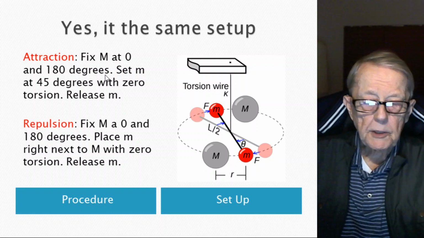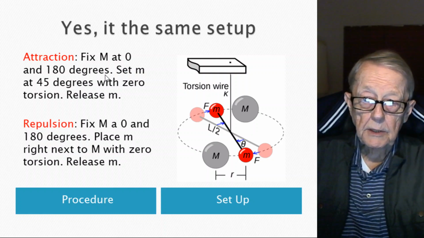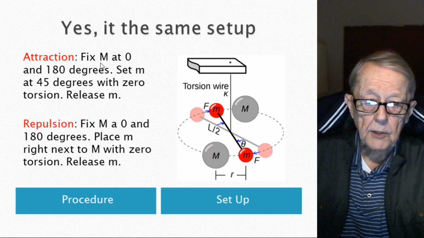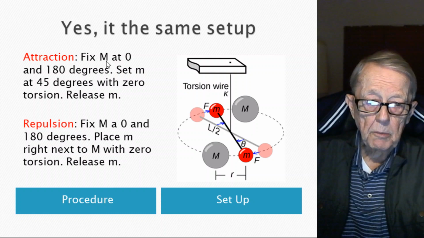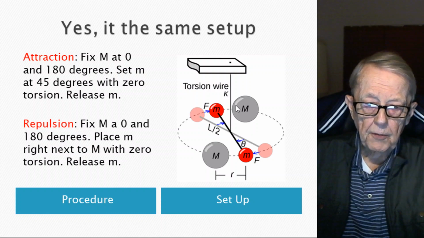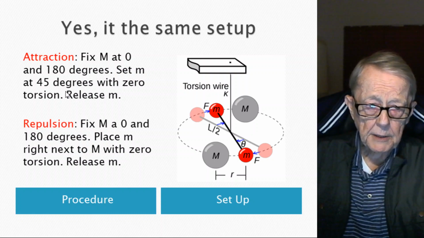Okay, so here's the general procedure, and I'm not saying this really works. This is just an idea. So we have the large M fixed at 0, 180 degrees. We set the small one at 45 degrees away. I'm not sure what that number should be. It depends on the magnets and so on, and the wire.